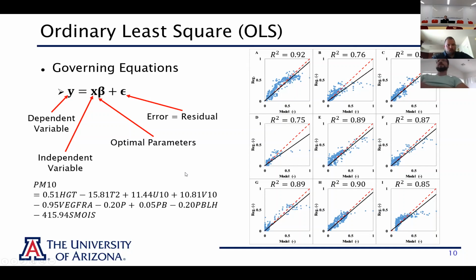Since this equation needs 1, 2, 3, 5, and plus 4, 9 independent variables, it may not be practical to use. So we removed the secondary variables. We still got good correlation coefficients for this model. So it's more practical because height, temperature, wind speed, and vegetation fraction are always available.